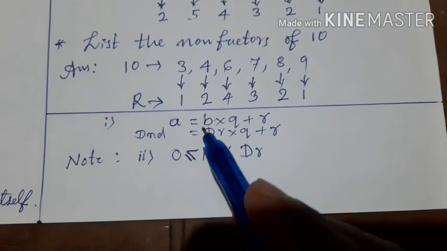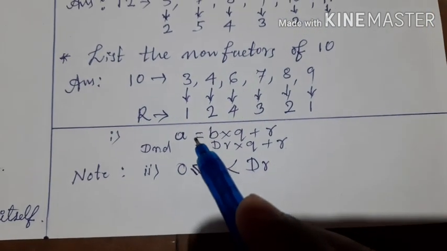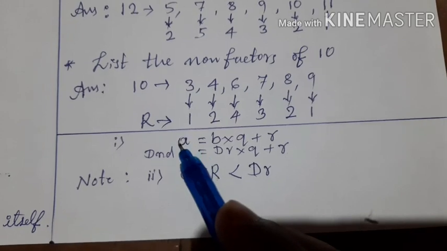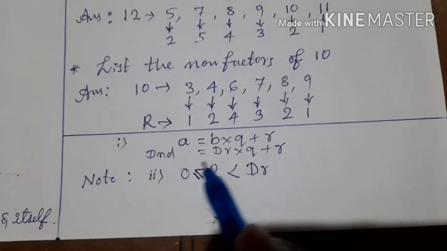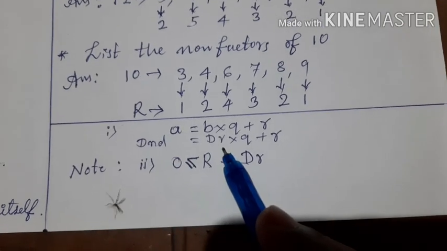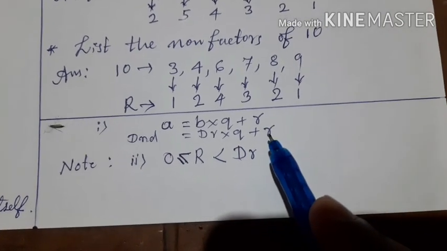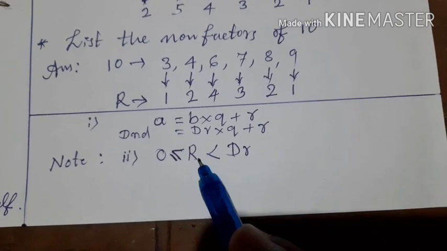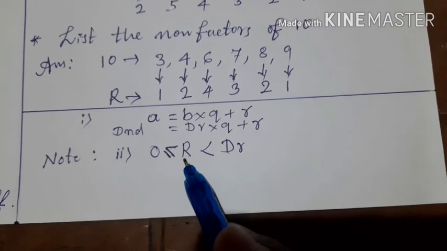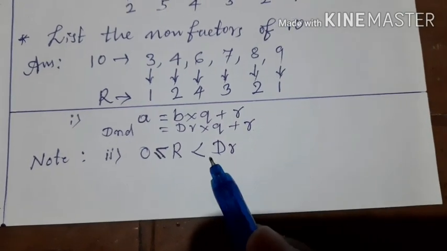So children, in this session, let us justify that a is equal to b into q plus r. That is, dividend is equal to divisor into quotient plus remainder, and the remainder is always greater than or equal to 0 and less than the divisor.